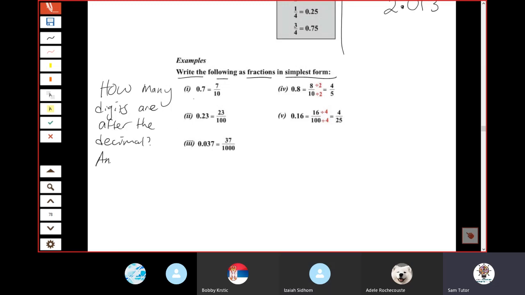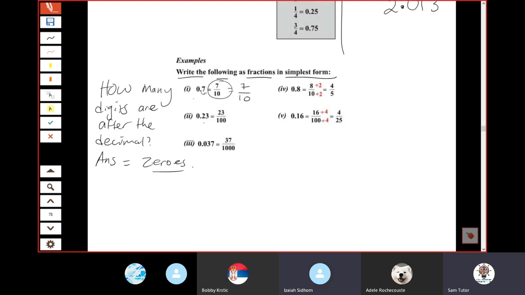The answer equals the amount of zeros you'll see. So, how many digits are there after the decimal? 1. There's 1 digit, so therefore there's going to be 1 zero. So my answer is 7 over 10.